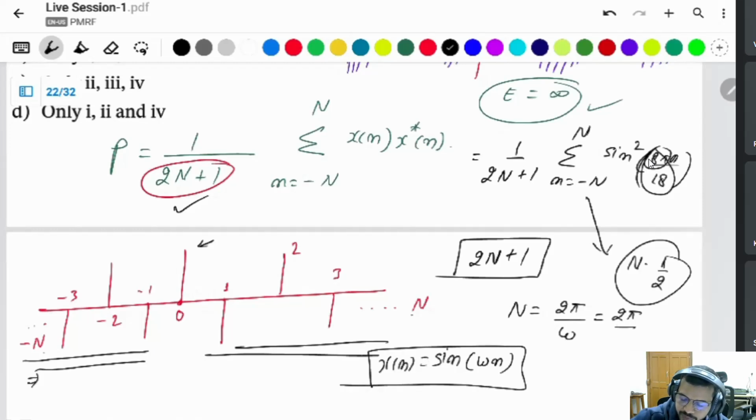So the whole thing except n is omega. 2 pi by omega is equal to 2 pi divided by 8 pi by 18, which is 9 by 4. So 9 by 2.